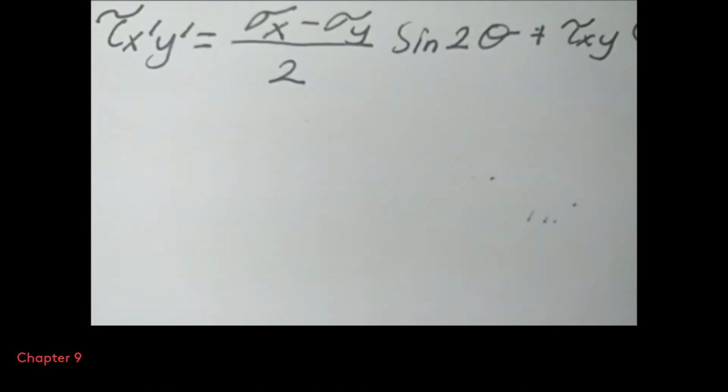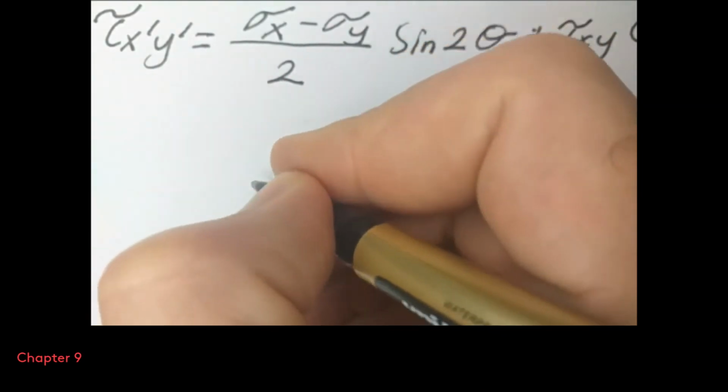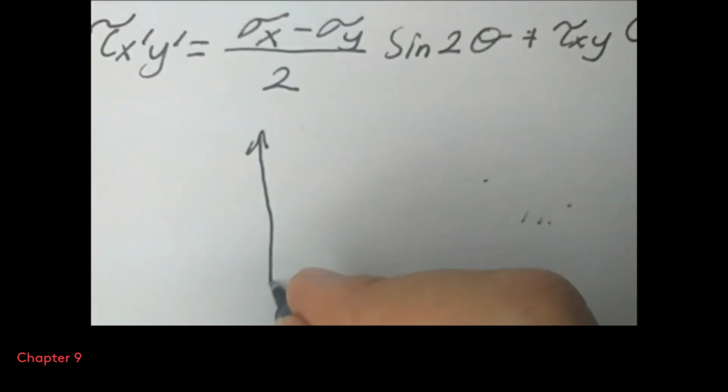So this is our Cartesian coordinate system, x and y.